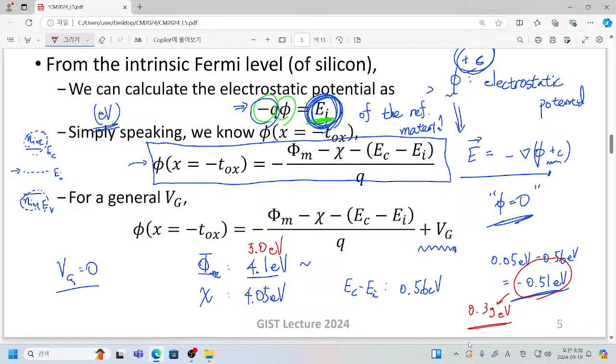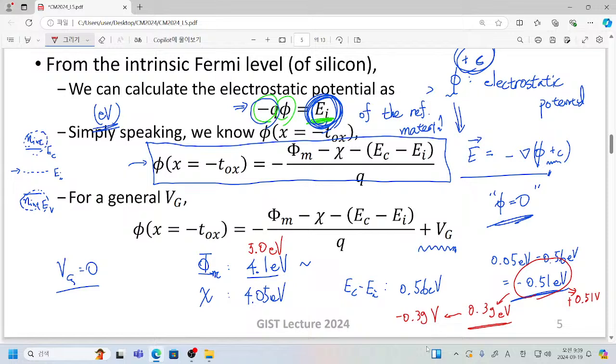Of course this number will be converted: when you have minus 0.51 eV, that will convert into just 0.51 volt positive. And when you have 0.39 eV, it will be converted into minus 0.39 volt.